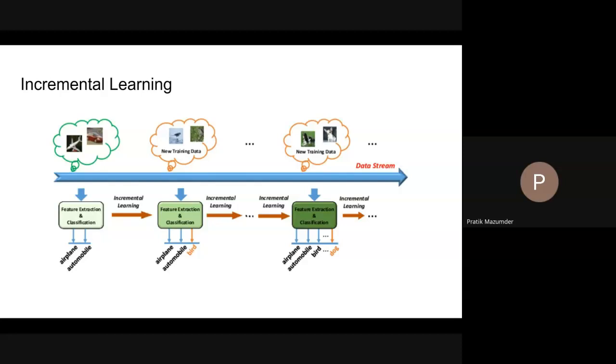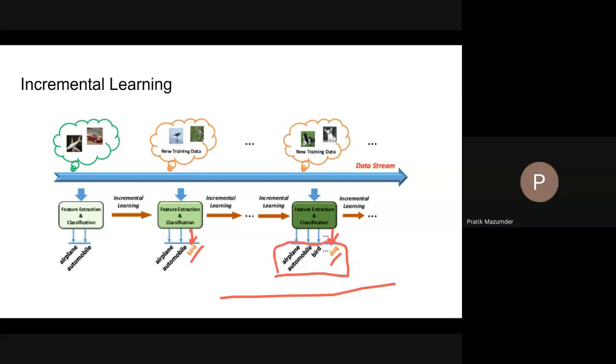We'll look into the detailed setup, but at every incremental learning stage, we'll introduce some new classes altogether. So at any particular stopping point, whatever classes you have seen up to that point, your classifier should work well on all of them.